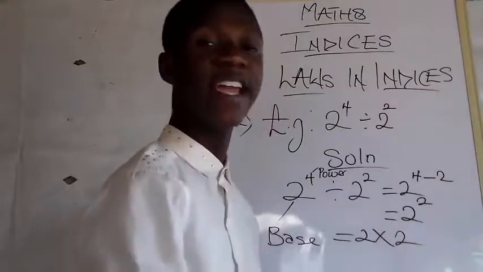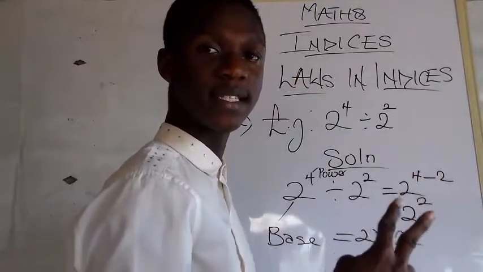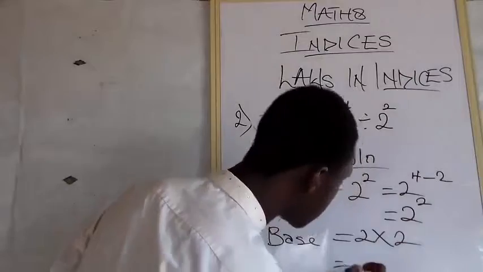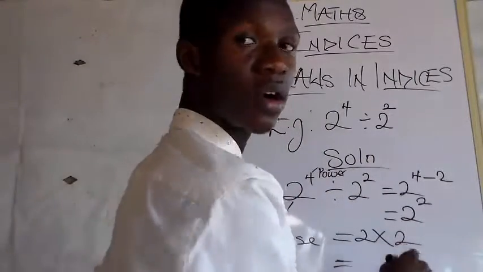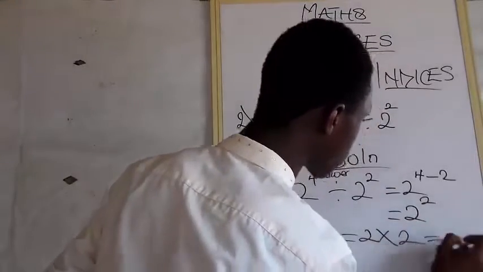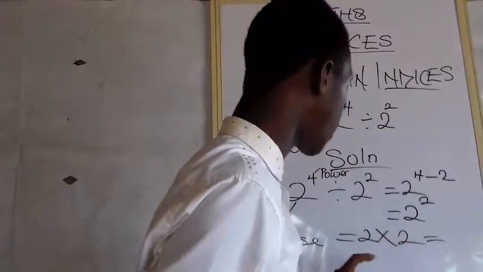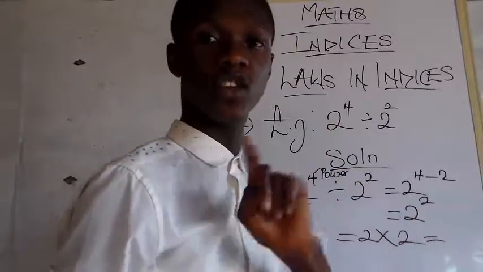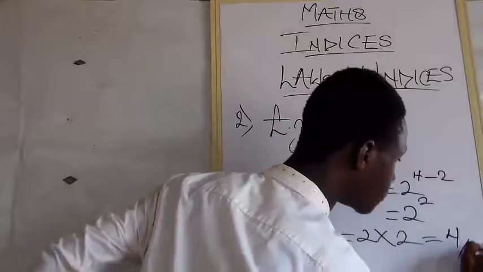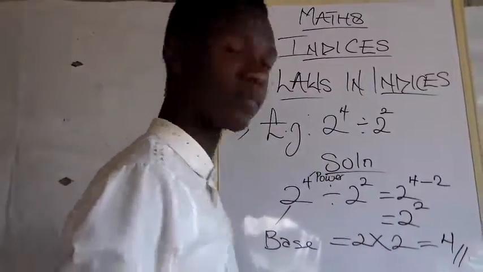So you multiply it in 2 places. You understand? Whatever you get in the multiplication of these 2 numbers is your answer. Now, 2 multiplied by 2 is 4. And that is the final answer.